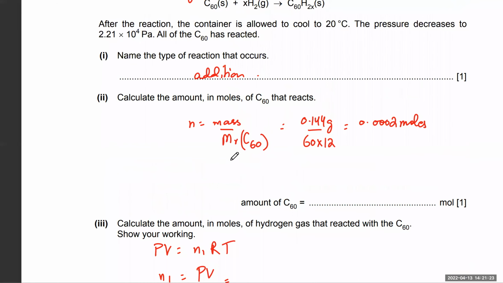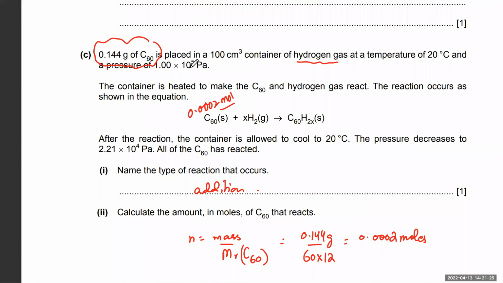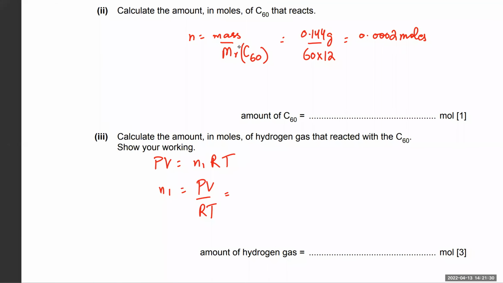P times V, that's 1 × 10⁵ pascals times 100 cm3, which should be in meter cubed. So cm3 to meter cube, that's 10⁻⁶. Remember that 100 cm3 should be in meter cubed. PV = nRT is all about meter cubes. Then divide by RT.